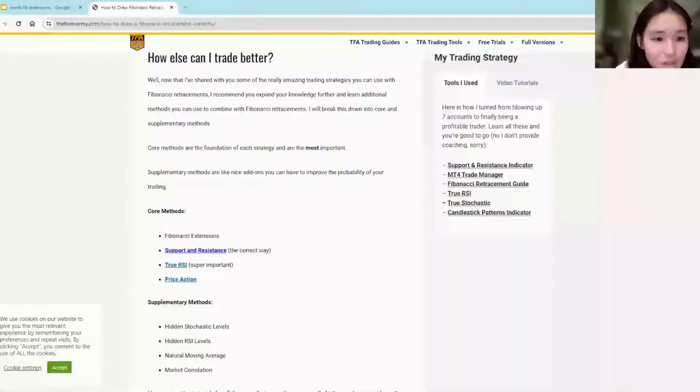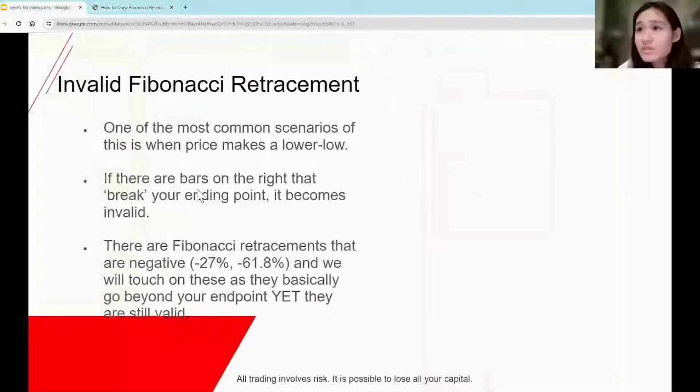Okay, now let's look at when does a Fibonacci retracement become invalid. One of the most common scenarios of this is when price makes a lower low. So assuming you are drawing a Fibonacci retracement from the top to the bottom, if there are bars on the right that break your ending point, then it becomes invalid.